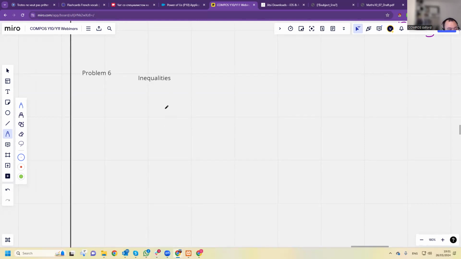So let's say we have something like this: x squared minus 4 is greater than 0. Do you know how to solve that?